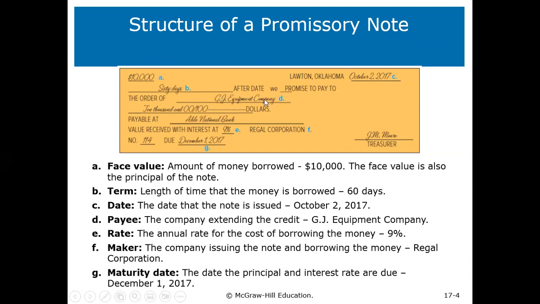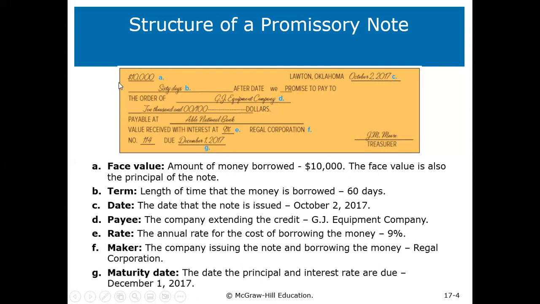This is the company that's lending the money, and then the amount and the bank to which it will be paid. Then the interest rate, and then the borrower. Then this is the date when it was transacted, and this is the date when it will be paid. Here you have the different parts, A, B, C, D up to G.